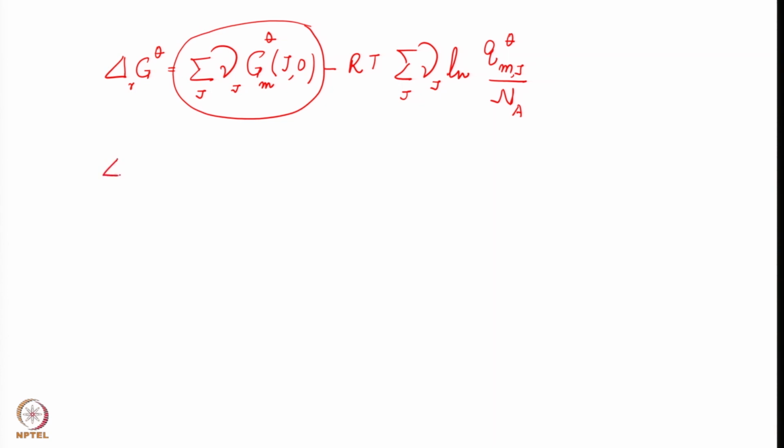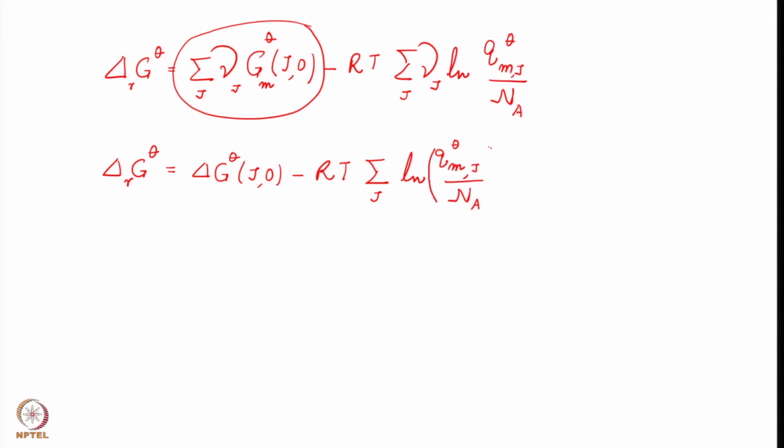So that means under general conditions I have delta G naught is equal to, this is delta G naught for J at absolute 0 minus RT, and then allow me to write the next expression like this.